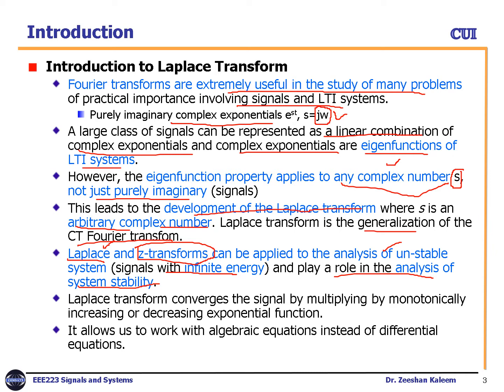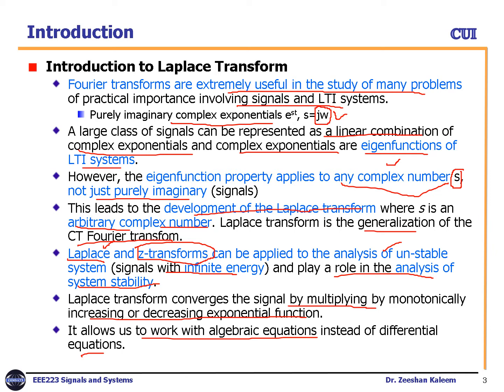The Laplace transform converges the signal by multiplying by a monotonically increasing or decreasing exponential function. We will see what these monotonically increasing or decreasing functions are. It allows us to work with algebraic equations instead of differential equations. Previously we had complex differential equations, but with Laplace we can just manipulate or work on algebraic equations.